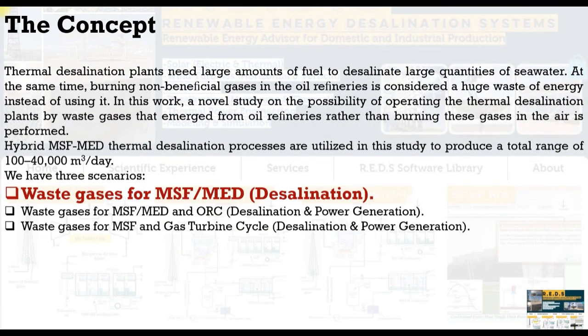The main concept is that thermal desalination plants need large amounts of fuel or thermal power, and use large quantities of seawater, in order to produce fresh water. At the same time, burning beneficial gases in the oil refineries is considered a huge waste of energy, with a negative impact on the environment.